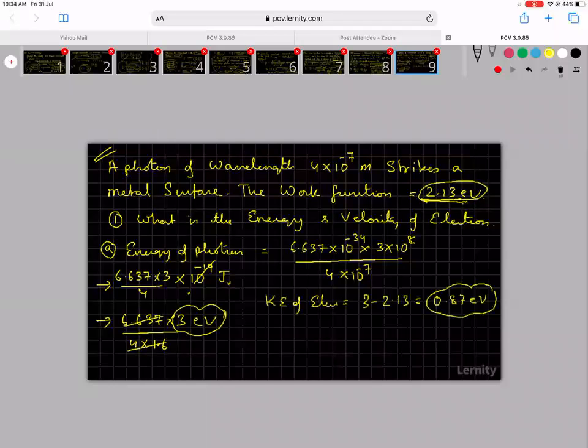Once I get this, I can answer in joules by 0.87 into 1.6 into 10 power minus 19. Only thing is, this one calculation, you have to do it exactly.